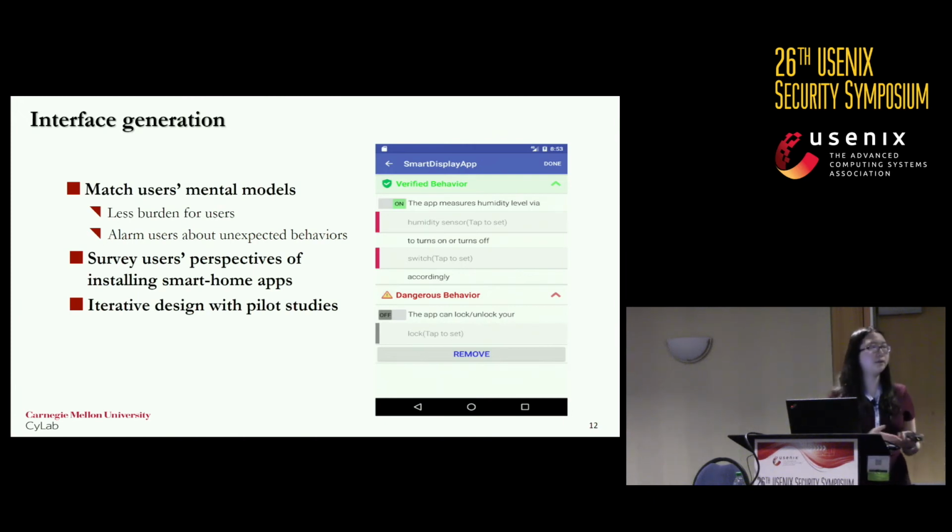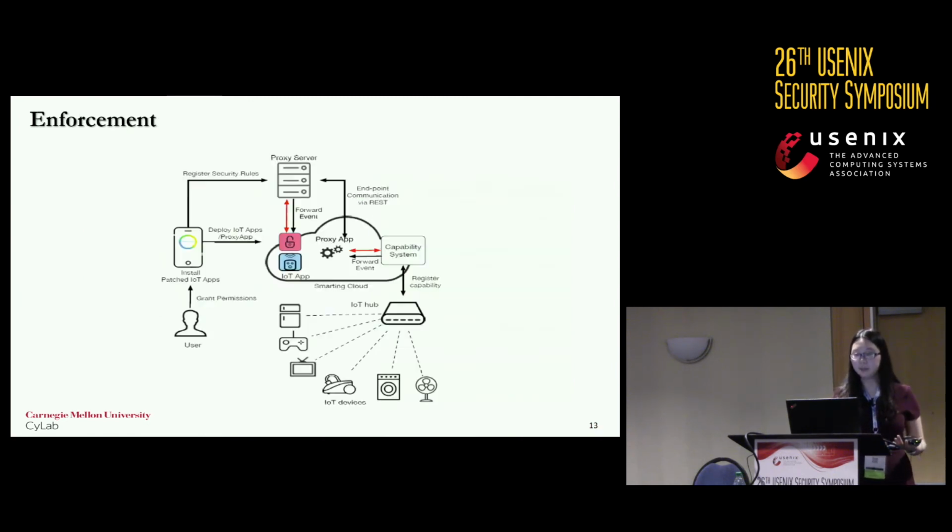We tell the user explicitly about what kind of behaviors will be unexpected or even dangerous. So in the end, we built an end-to-end enforcement for SmartAuth on Samsung's Smart Home Cloud so that we can control how the app can interact with the sensors and devices to make sure they follow the security policies.